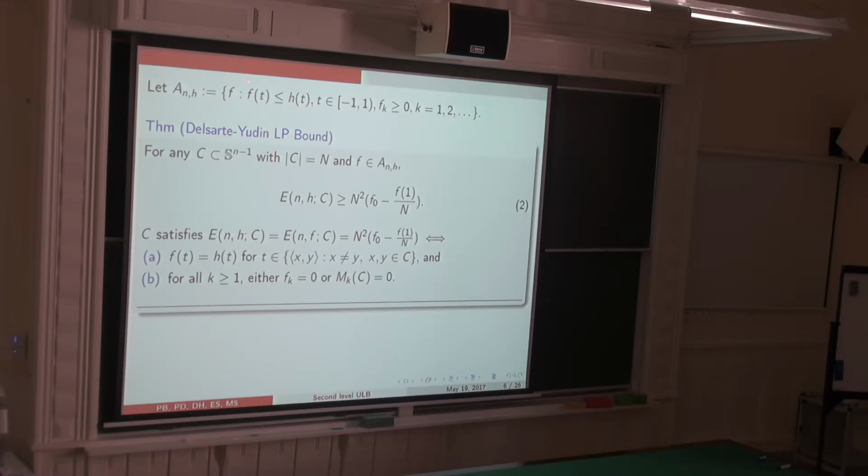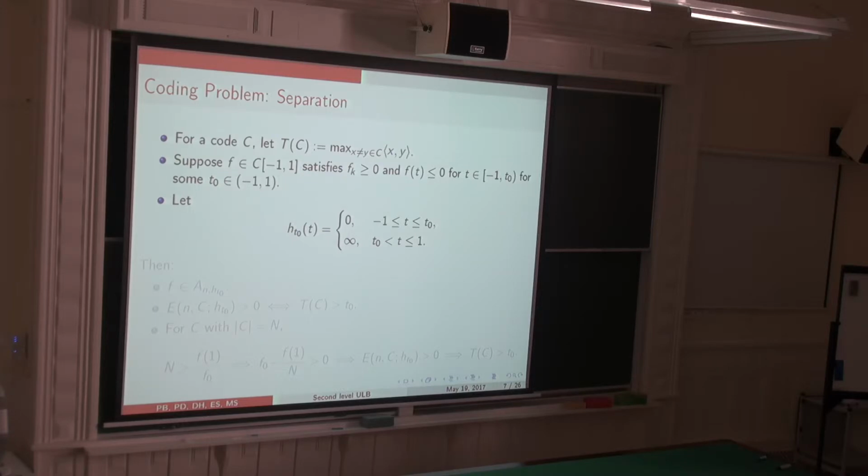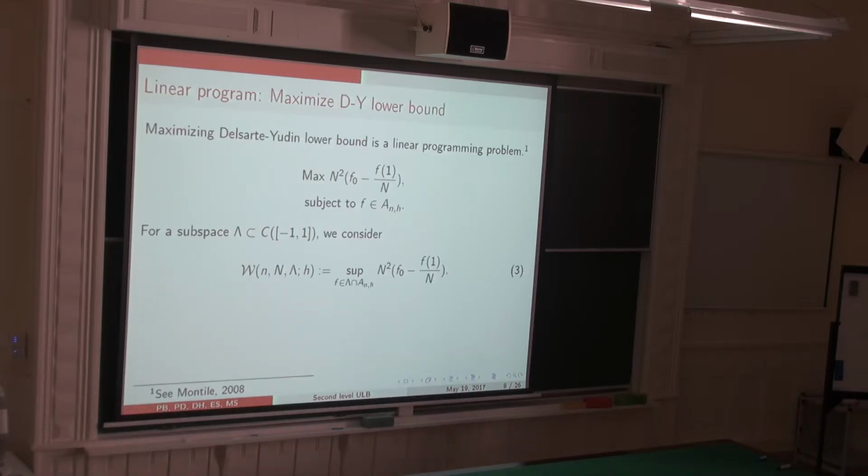H of t is the underlying potential whose energy we're trying to bound. We want the Gegenbauer coefficients to be non-negative. And then really everything becomes this, the Kisin potential, but I'll skip that part and focus on maximizing that quantity subject to this class.